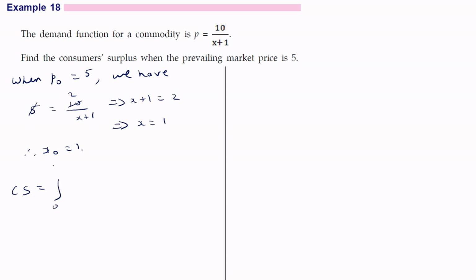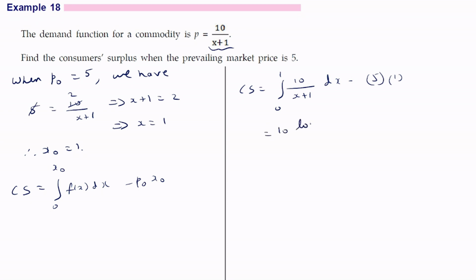Consumer surplus is given by the integral from 0 to x naught of the demand curve minus p naught x naught. So it is the integral from 0 to 1 of this demand curve, 10 upon x plus 1 dx, minus p naught is 5, x naught is 1.